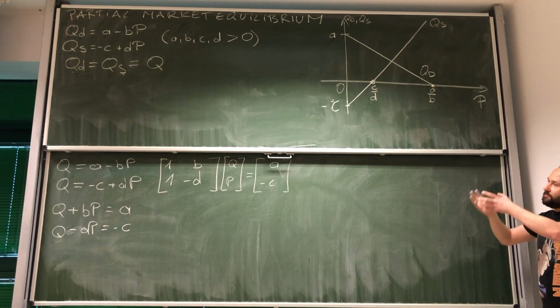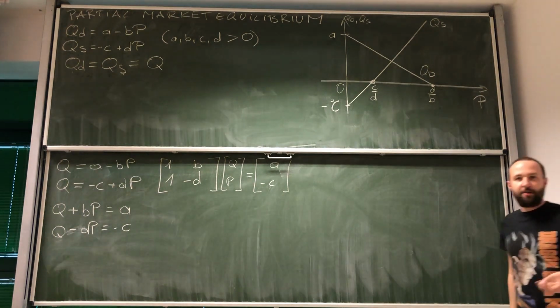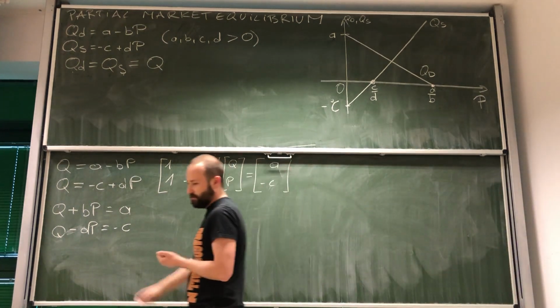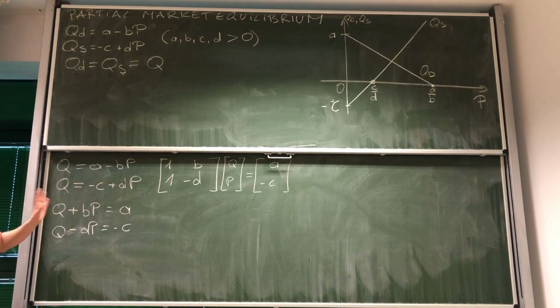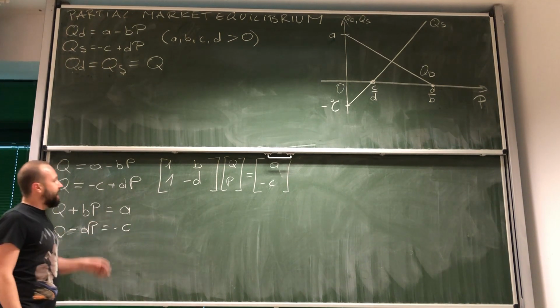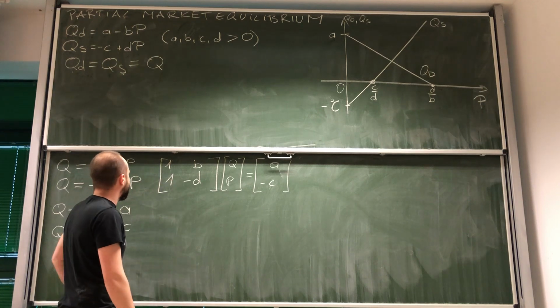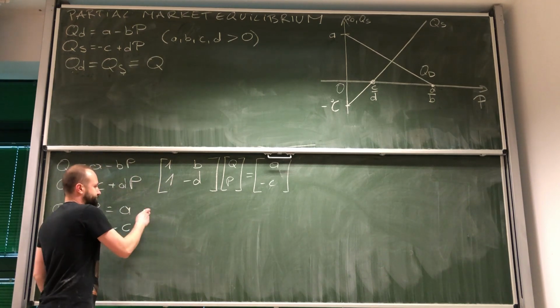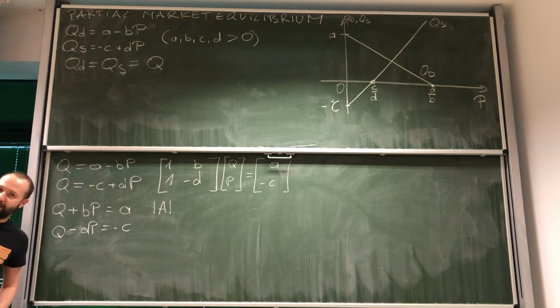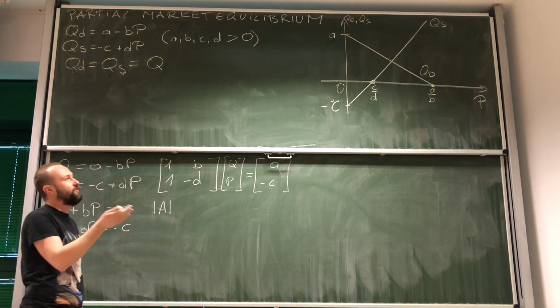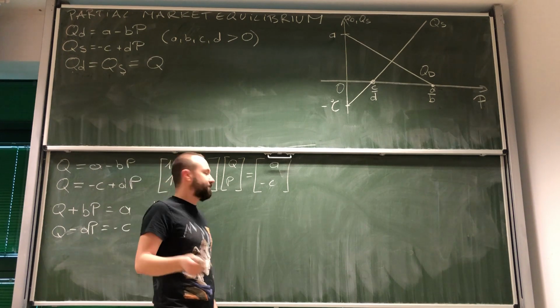Okay, so now our entire job is to solve this system of simultaneous equations. We're going to do it with Cramer's rule because it's extremely easy in this context. Okay, and what do we have over here? Well, we start by calculating the determinant to determine whether we actually have an equilibrium solution or not.